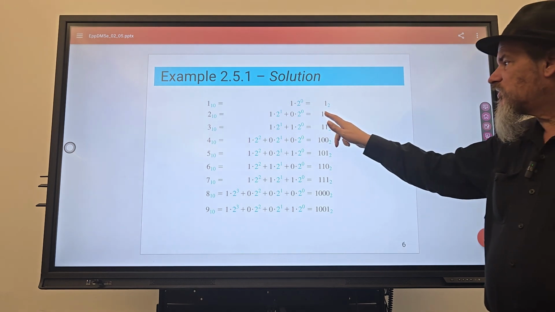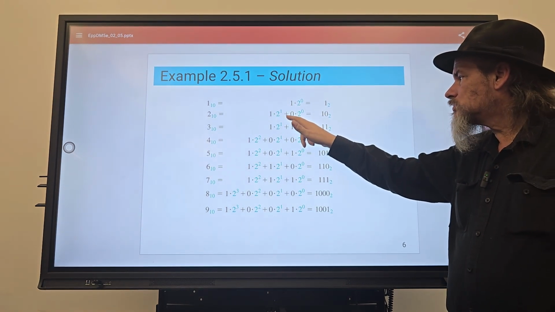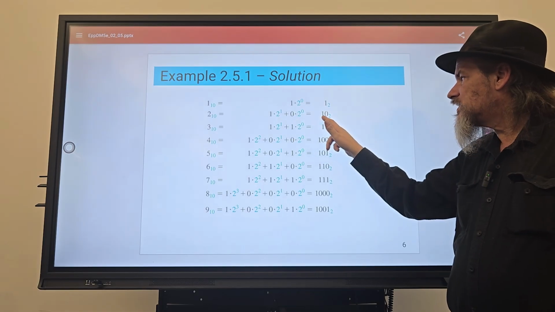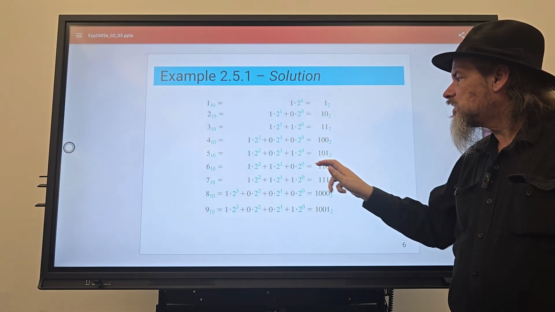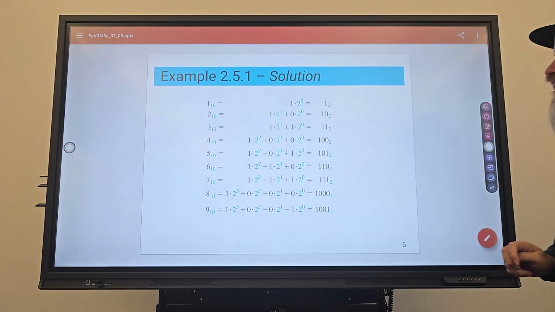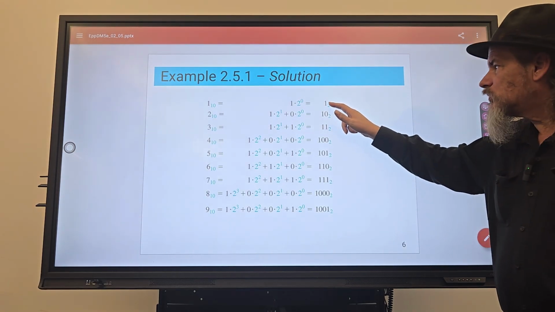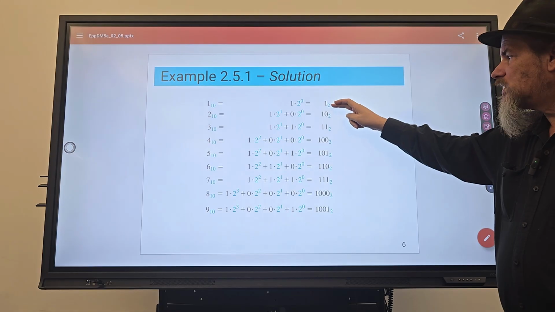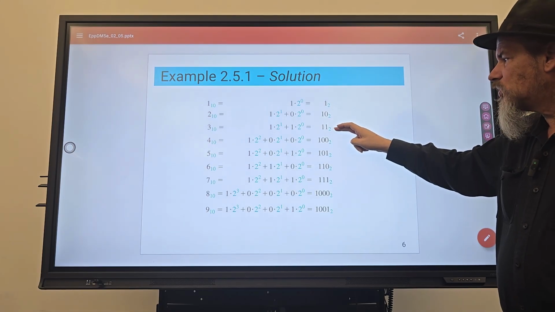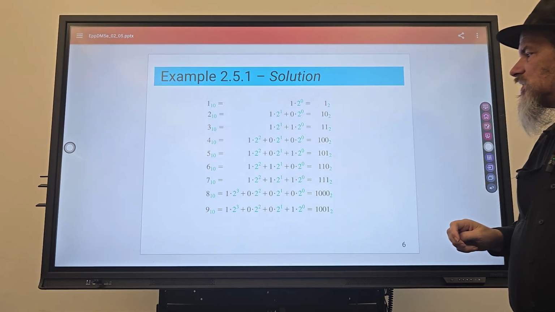The two's position, 2 to the first power, is the second bit. 2 to the second power is the third bit, and so on. So you count up 1, 10, 11, 100, 101, etc.